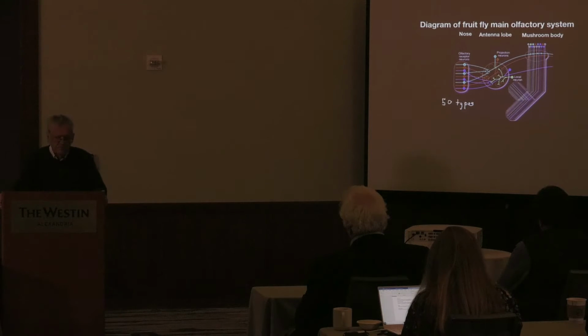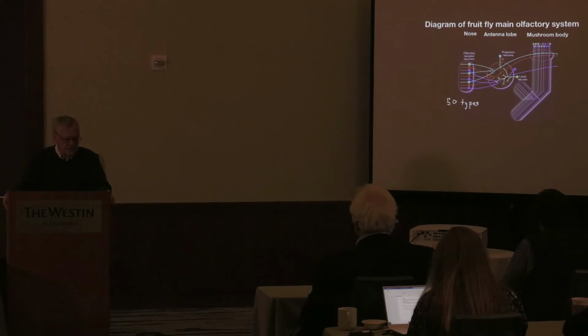And of those 50 types, how many odors do they respond to? A lot of odors. We don't know exactly how many odors the fly responds to, but most olfactory receptor neurons fire spikes to most odors.